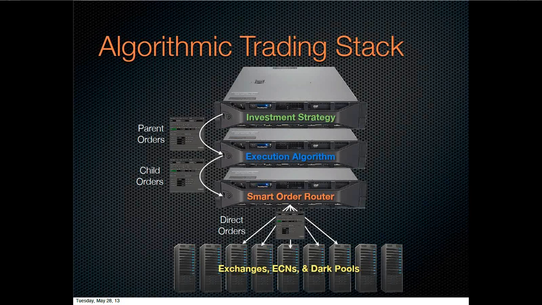The purpose of this slide is to show you that while most people tend to think of the algorithm as being the top of the stack, like the investment strategy that's actually making the decisions about the timing of orders and how to enter and exit positions, that's the tip of the iceberg. But underneath the street, if you will, there are two additional layers of algorithm that are also important. One is the execution algorithm, and one is a smart order router.